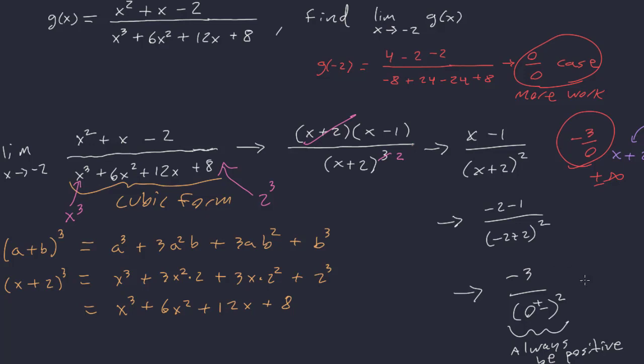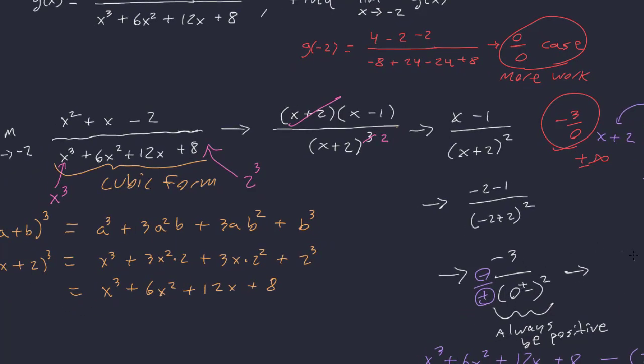Okay, so that means we have a negative over a positive, right? So whenever you're left with something squared or to the fourth, that makes this always positive. However, since we have a negative on the top, this is going to negative infinity. And notice I didn't check both sides.